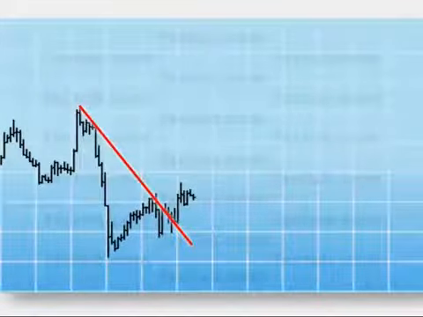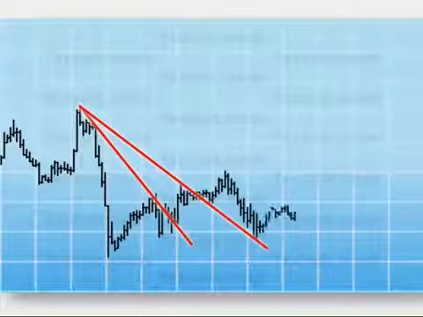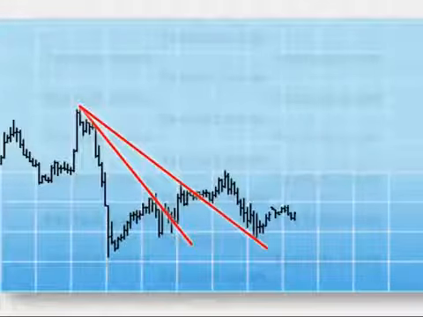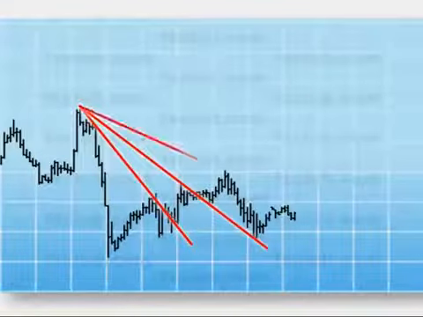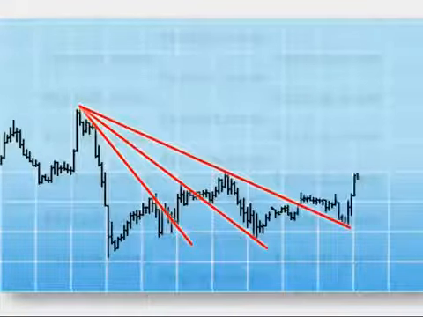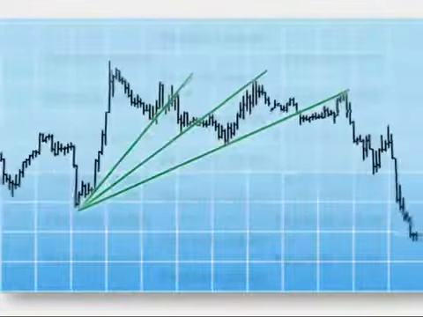So what you do here is plot a new resistance line, which price breaks through to, and then falls back, giving us a new support. You plot a third resistance line, and when price breaks out of this, it usually signals the beginning of a new uptrend.